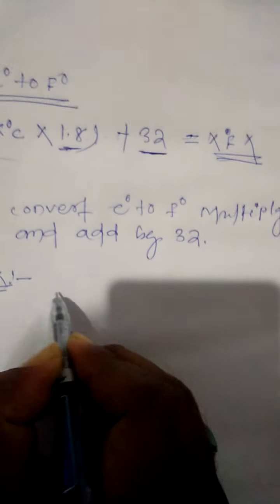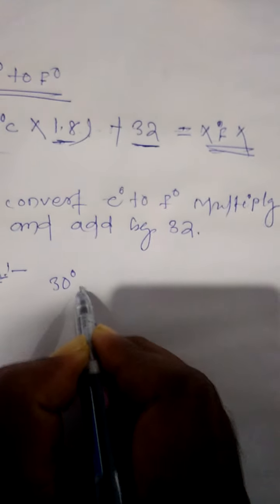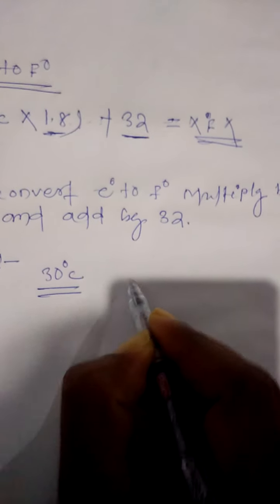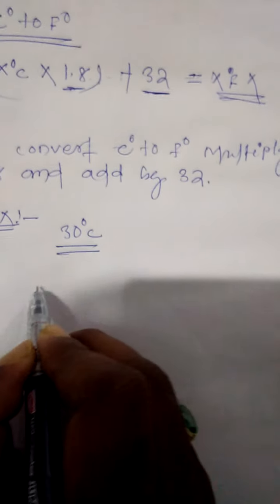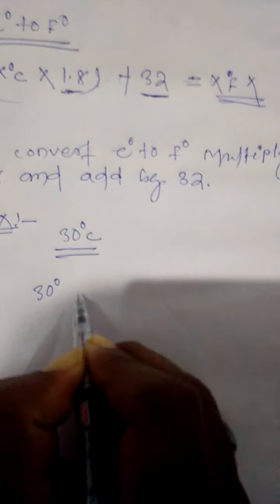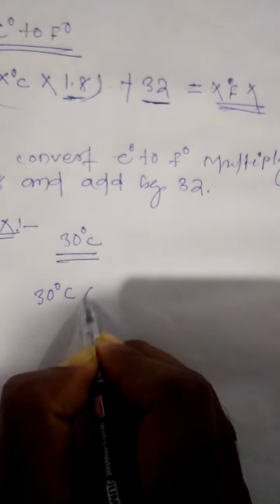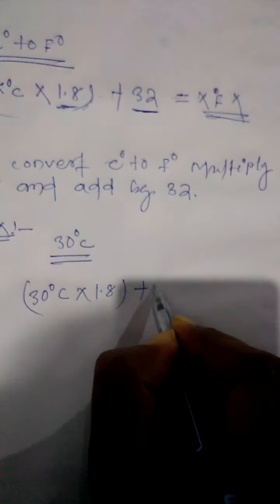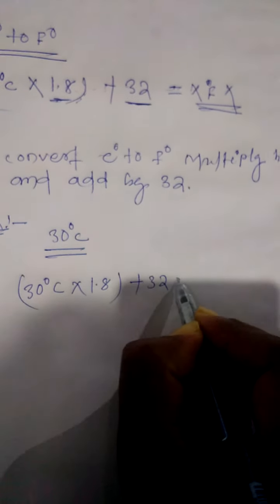Suppose 30 degree Celsius is there and it is converted into Fahrenheit. According to our formula, we take 30 degrees Celsius, multiply it with 1.8, and this number is again added with 32.